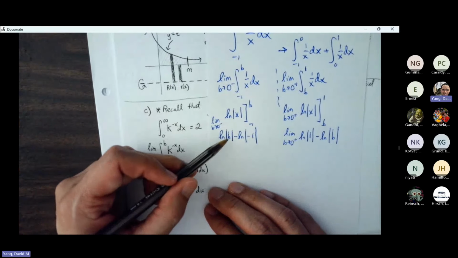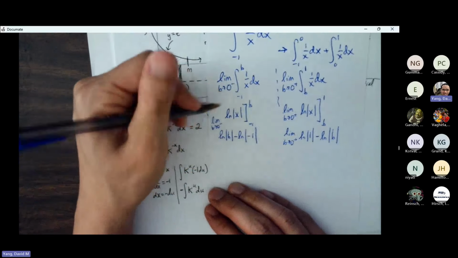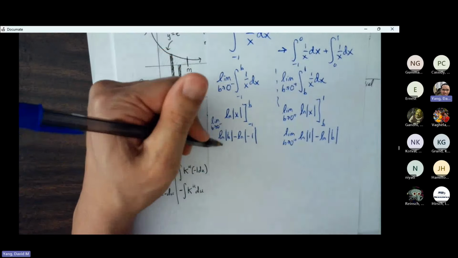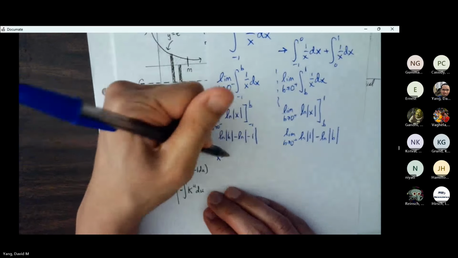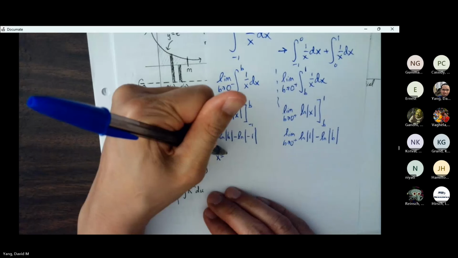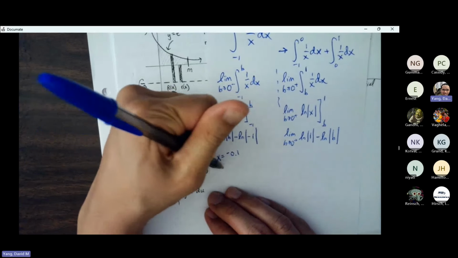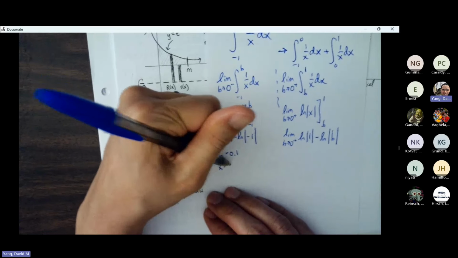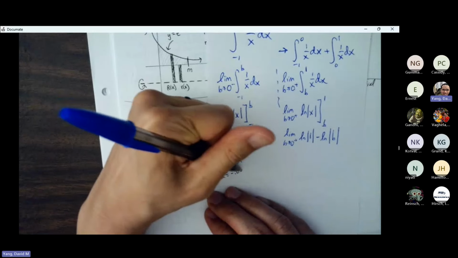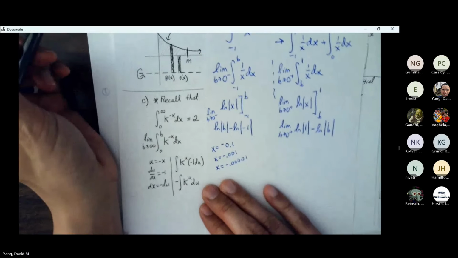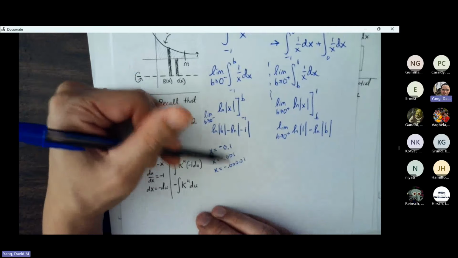So here, the natural log of b, what's happening? If I think about values approaching 0 from the left side of 0, that could be -0.1, then -0.001, then -0.00001.